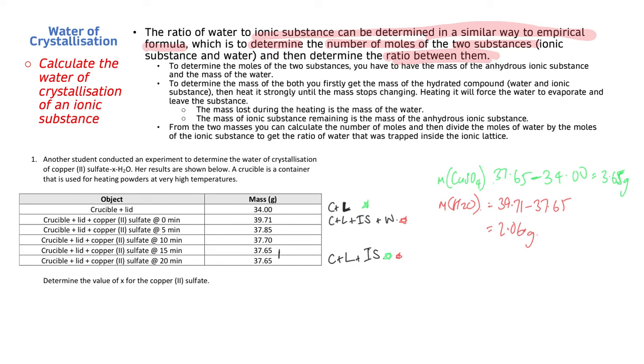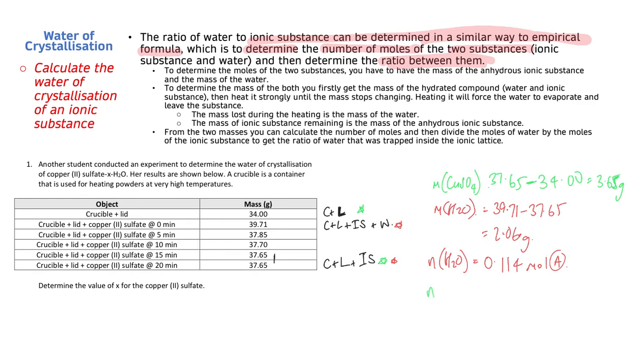Remembering that this is very similar to empirical formula, we now have to work out the number of moles of each. The number of moles of water happens to be 0.114 moles, and I'm going to save that as A. I also have to work out the number of moles of copper sulfate.